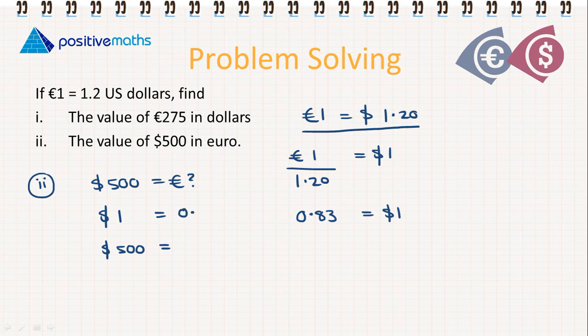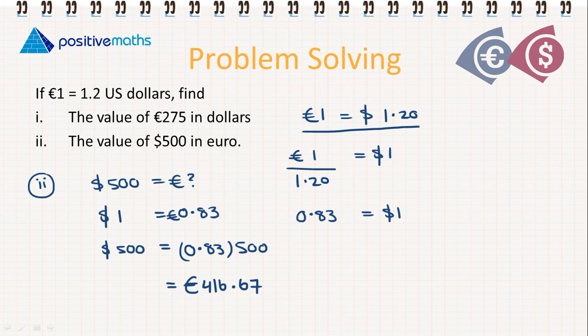Now we know that $1 is equal to 0.83 euro. Then we can find $500 by multiplying 0.83 by 500. So we will find $500 is equal to €416 and 67 cents.